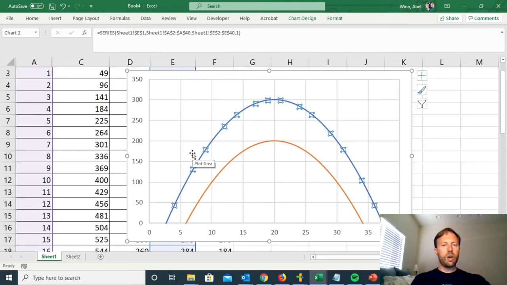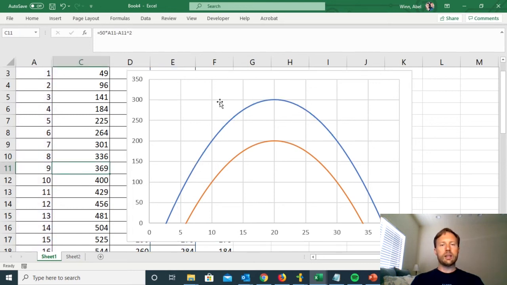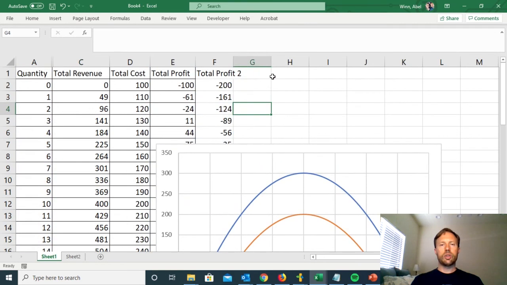Okay, so notice that it doesn't matter whether the fixed costs are 100 or 200. You still maximize profit at the same level of output, 20. Okay. In fact, let me change this up a little bit more. Let's say that the fixed costs, I'm going to turn the fixed costs into a variable. 100.